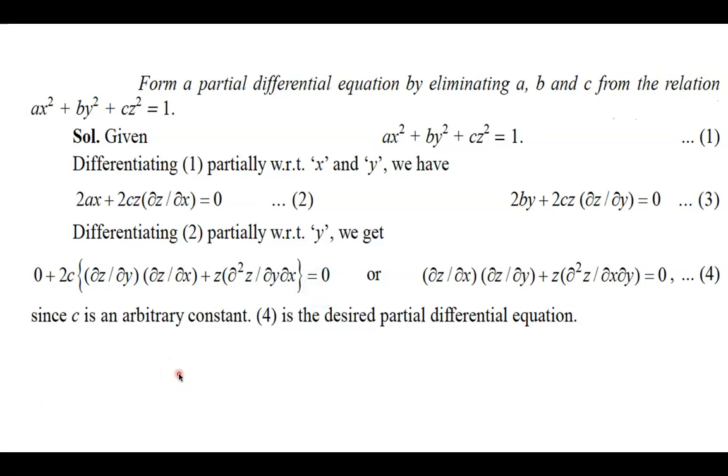Since c is an arbitrary constant, this will imply that c is not equal to 0, hence the function in the curly bracket will be equal to 0. This is the required partial differential equation.